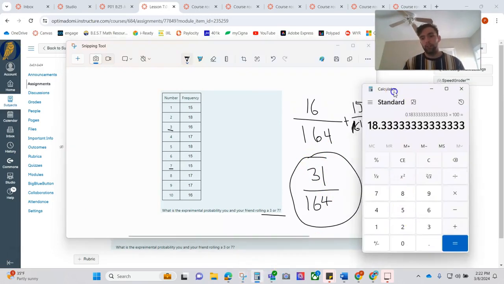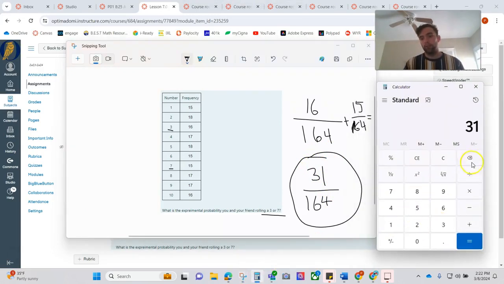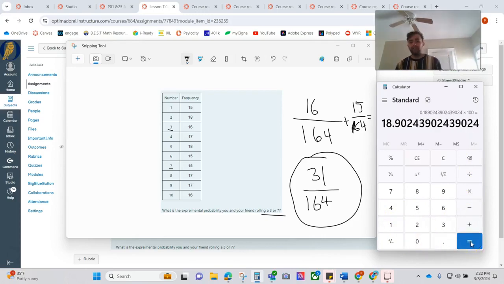I'm going to turn this fraction into a decimal by doing the top number divided by the bottom number. Get a decimal, then I times that by 100. So 18.9-ish%. So whoever in the story rolled 3 and 7 less often than what they predicted.